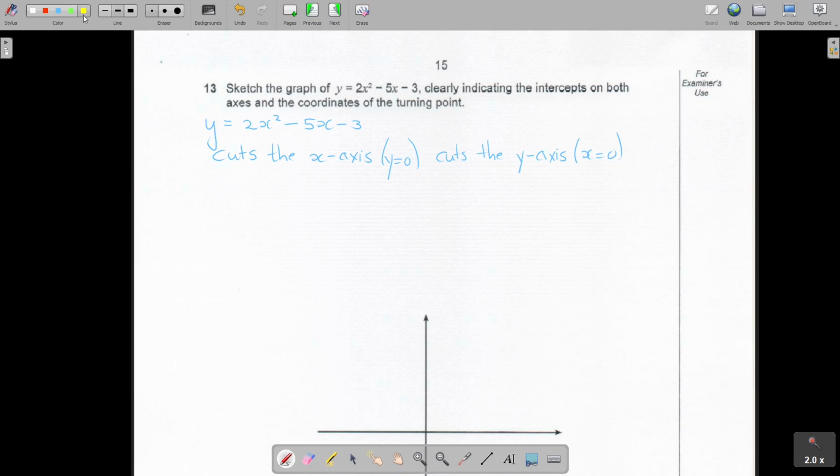I can already see it cuts the y-axis at -3, but I'll show you in the calculation. So I'm going to put a 0 in the place of y, and then it's a quadratic equation. Usually if it's like this, not on graph paper, it would be able to factorize. Otherwise, you can go for the formula.